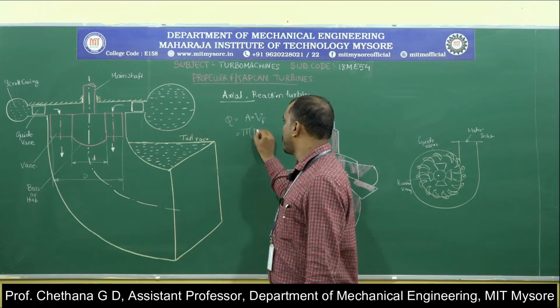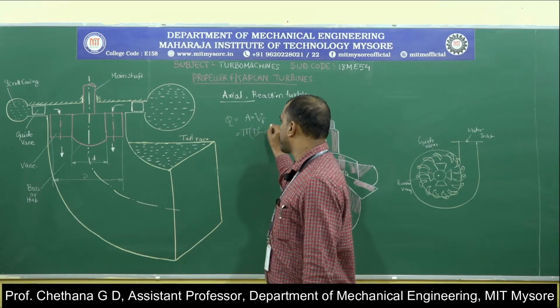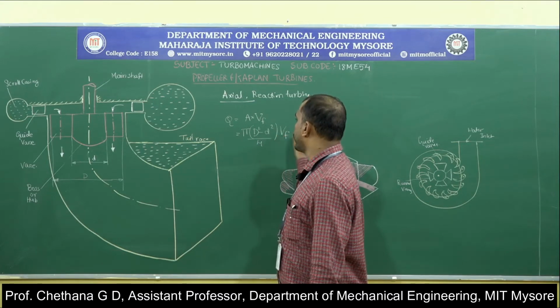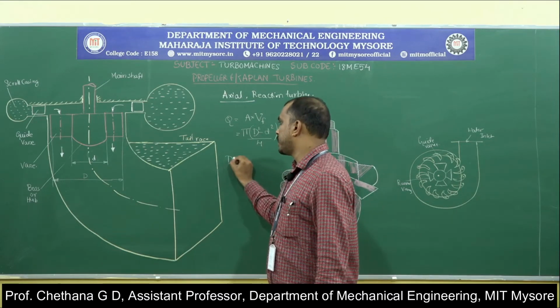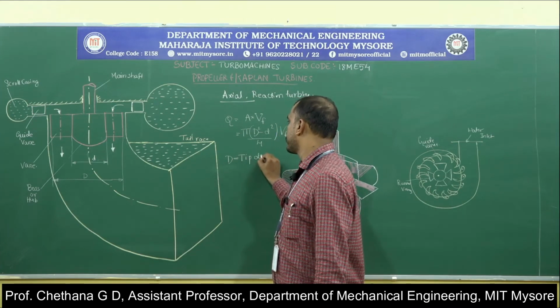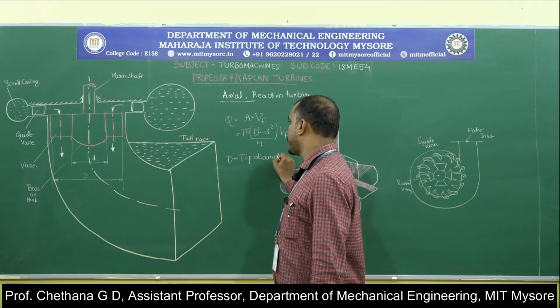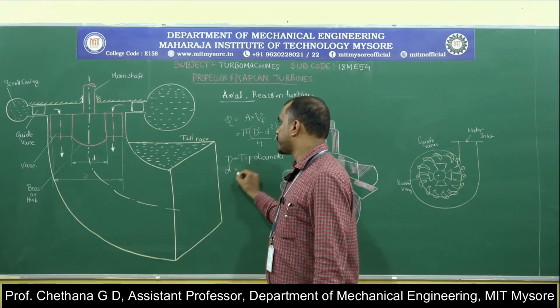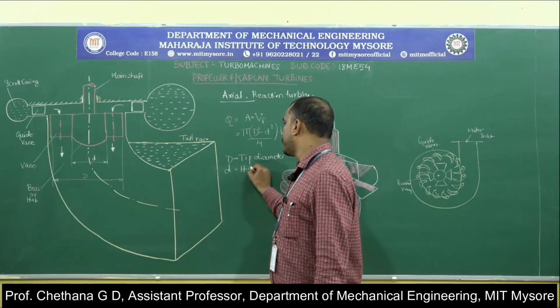So that will be (D² − d²)π/4 into Vf, where D represents tip diameter and small d represents hub diameter.